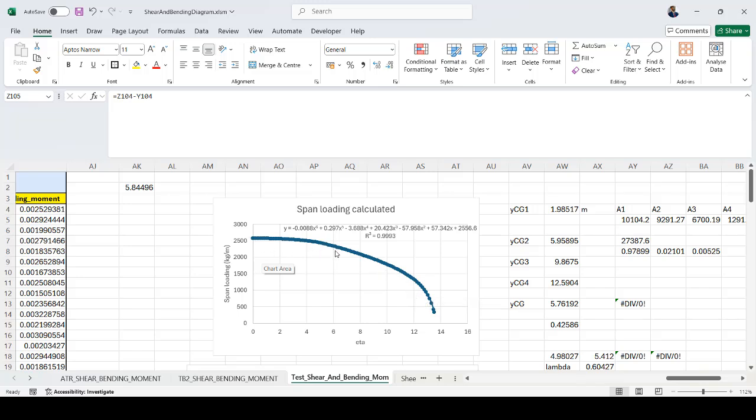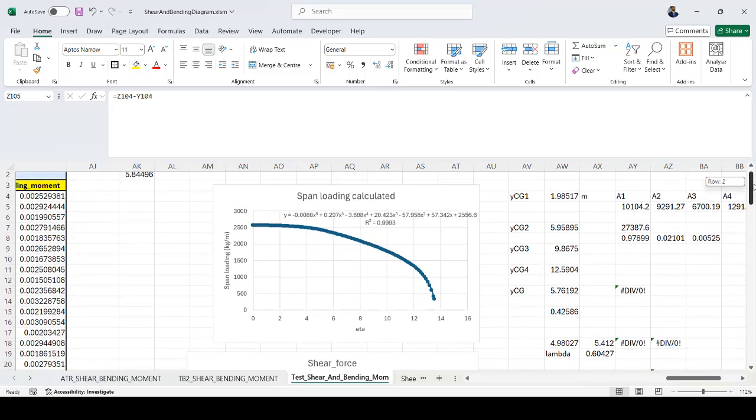So, from 8 meters, you can see that the approximation matches the uniform load, linear in this case. From 8 to 13.53, the approximation is not linear, not uniform.